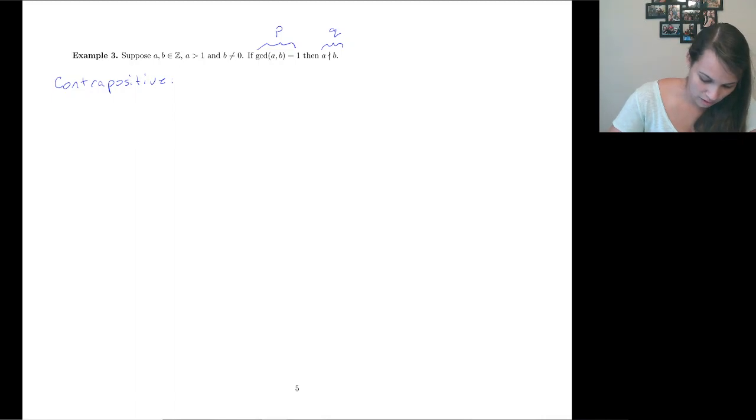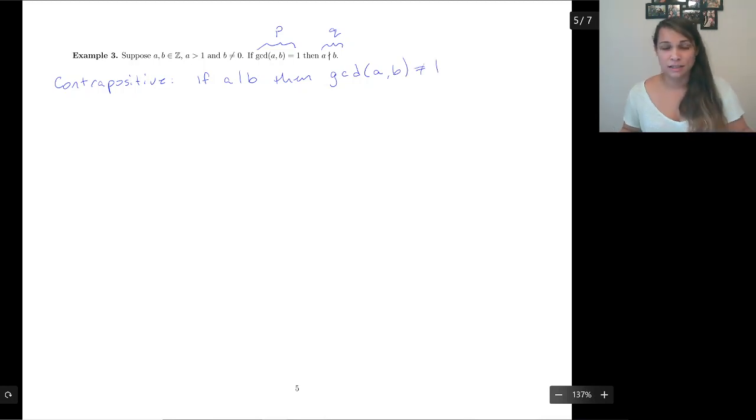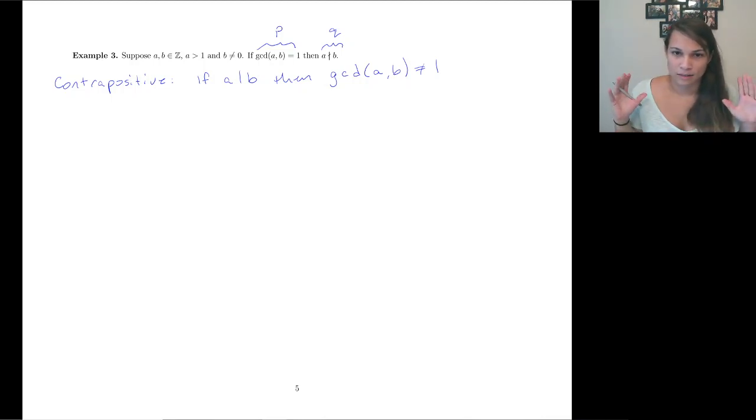If not Q, so that would be A does divide B, then not P, so that means GCD was supposed to equal 1, so we're going to say that means the GCD doesn't equal 1. All right, let's try and prove this.